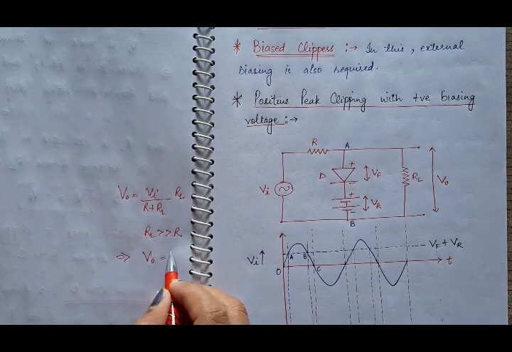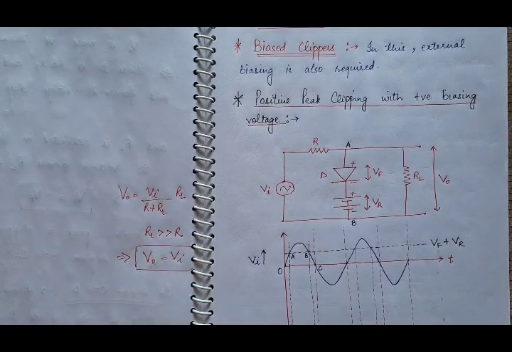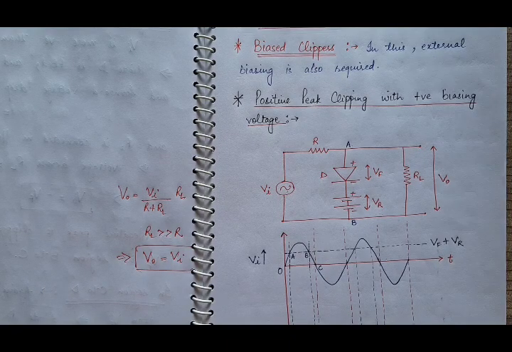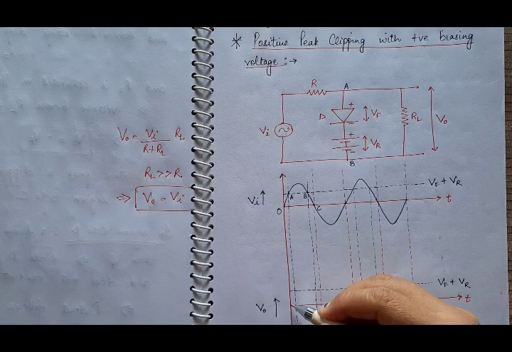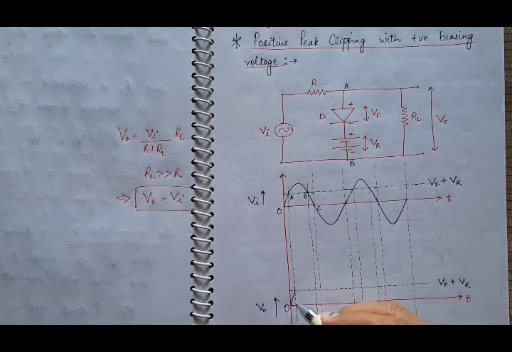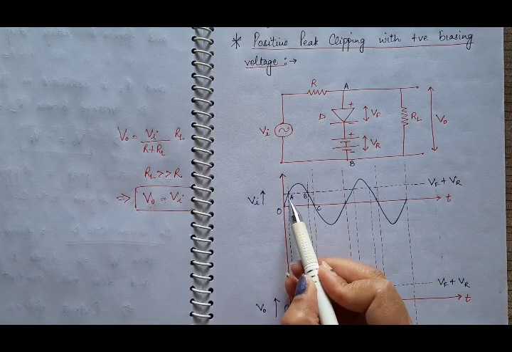So our output will be equal to input. It means in the region O to A, our output will follow input. So there will be no clipping, and our output will behave in the same way as our input signal. Then comes the region AB.